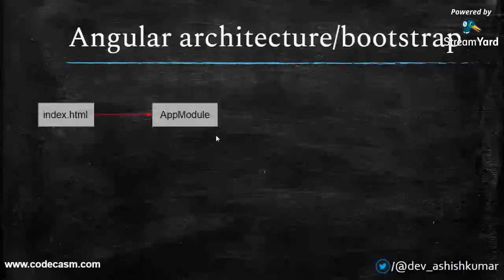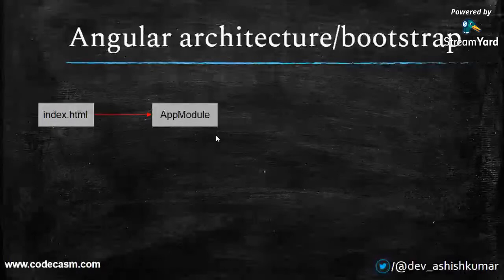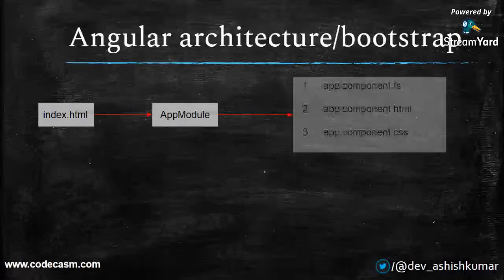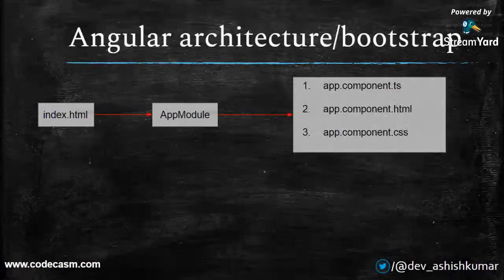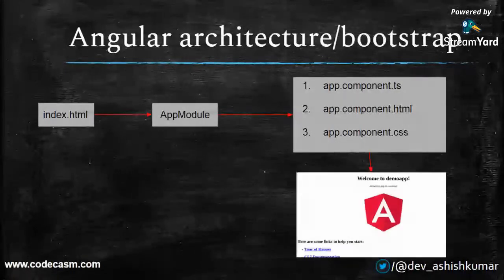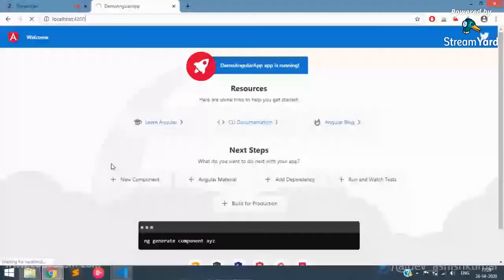App module, as I told you, is a very important entity which keeps all the records of which component is used and what all files are bound with those components. Finally, when we compile that, we get this output which we have seen here. I will show you Angular Bootstrap, how exactly Angular gets bootstrapped. I will show you from here.